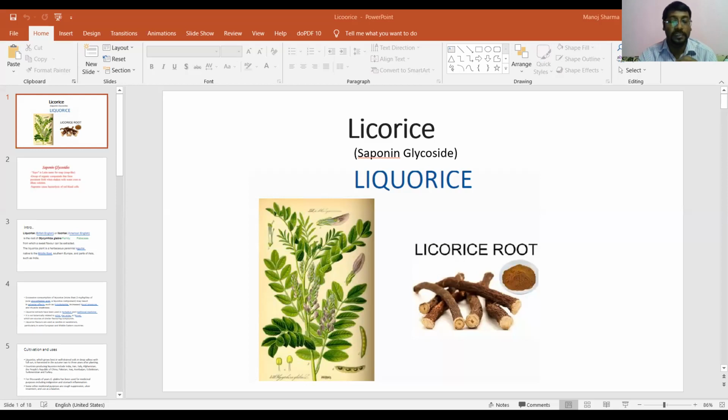Now if you see the definition and introduction, glycosides are non-reducing organic compounds that on hydrolysis, meaning breakdown with water, give two moieties. One is glycone, another is aglycone.